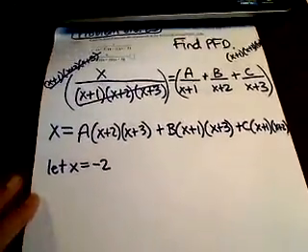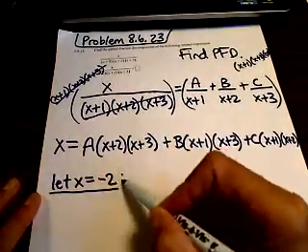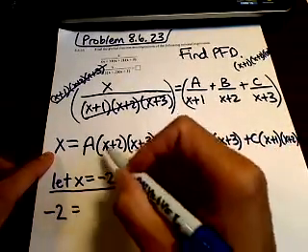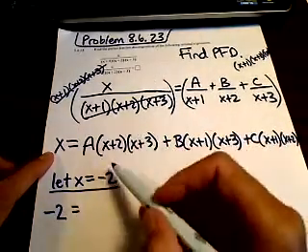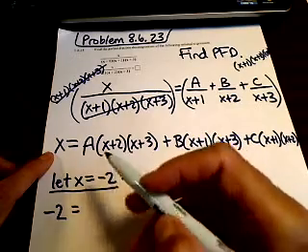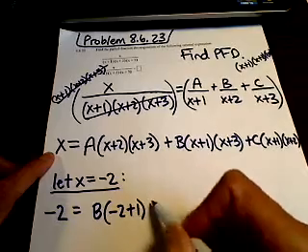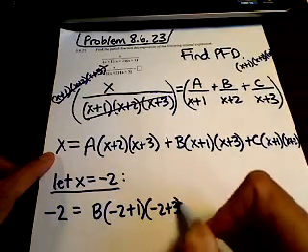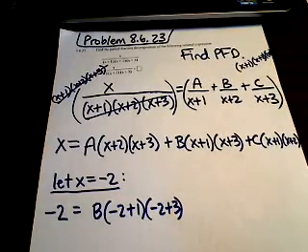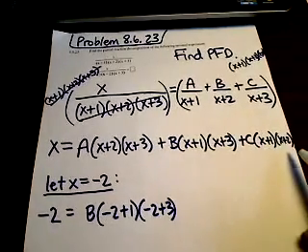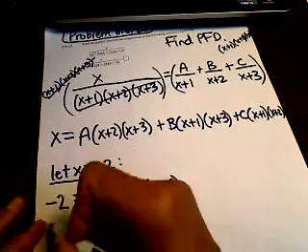All right, so let's plug in -2. Then I get -2 on this side, equaling B times -2 plus 1 and -2 plus 3, and the other terms go to 0 because -2 plus 2 is 0.